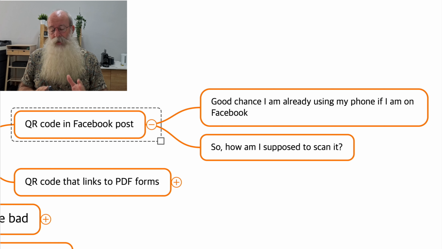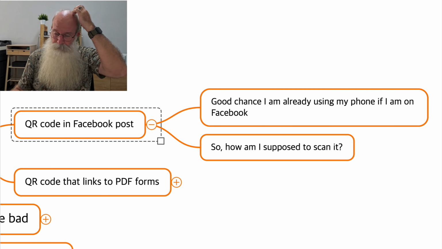So if I'm scrolling through Facebook and I see a QR code, the camera is there. How do I then scan the code? Unless I set up a complicated array of mirrors, I can't. So that's the first instance: there was no practical way to scan the code when I was looking at it on my phone.